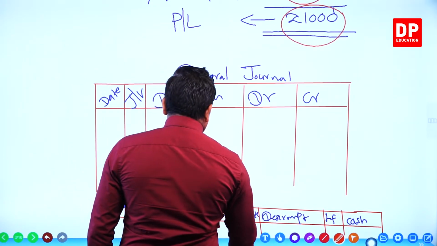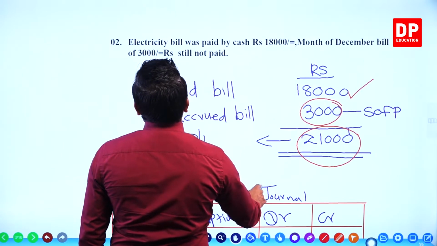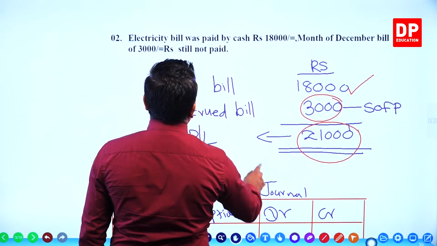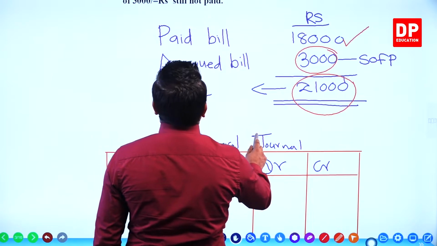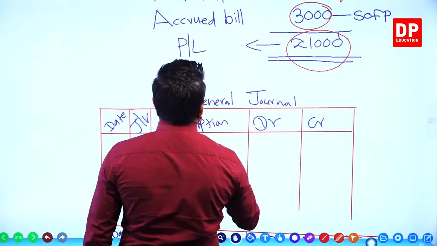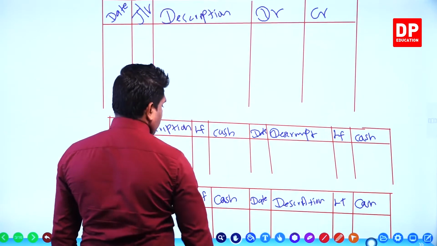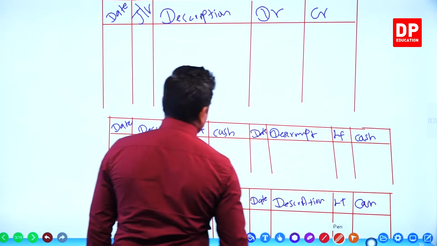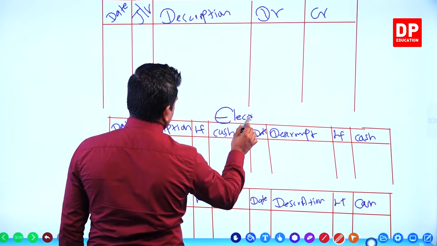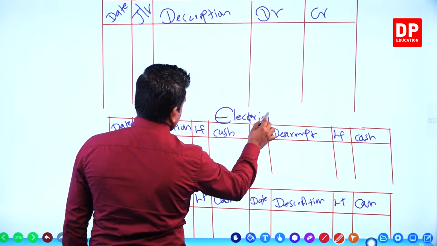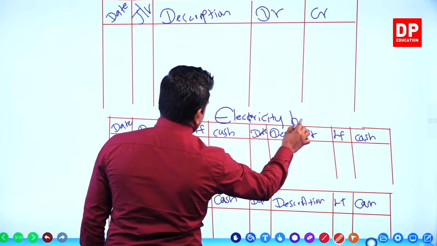Now, if you want, you can see the details again. Electricity is regarding the electricity bill. Paid bill is 18,000, right? Accrued bill is 3,000. This is the electricity bill. Then you get the electricity bill account first. Electricity bill.